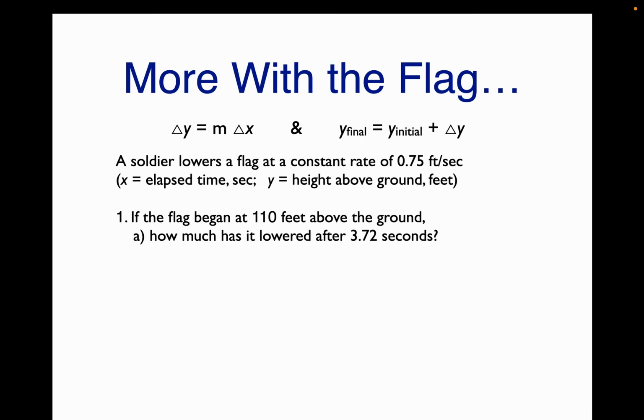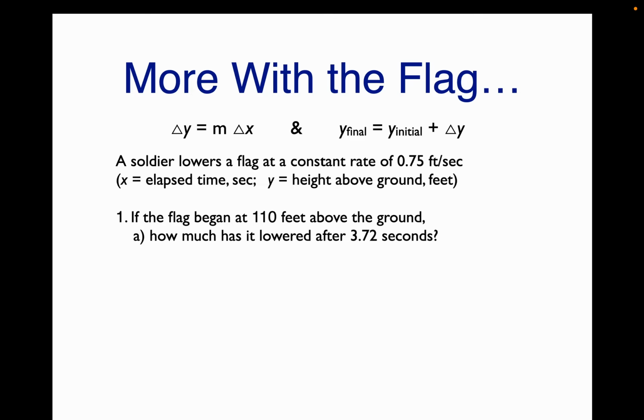Delta y is m delta x. So do I know these two? Yep. My m was given, it's listed in a sentence, so it's really negative 0.75. And delta x, how much time has gone by? 3.72 seconds.